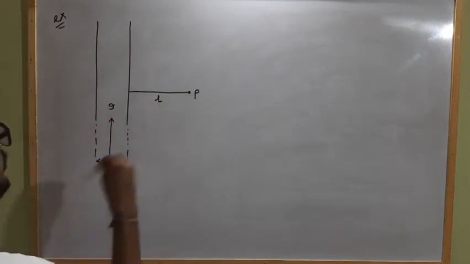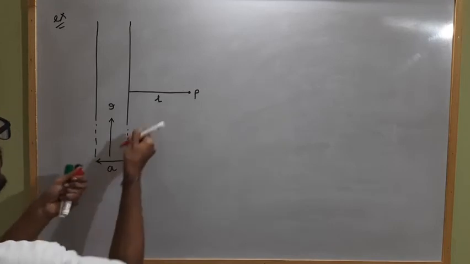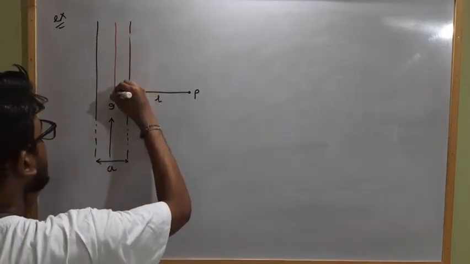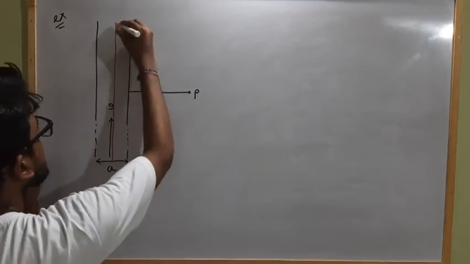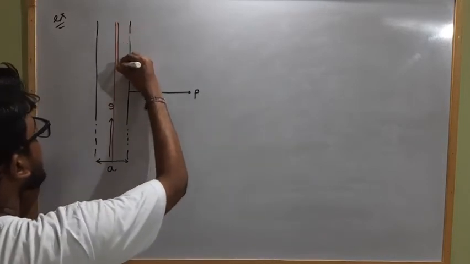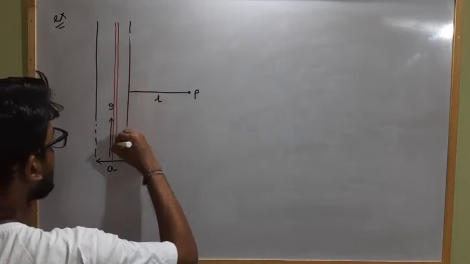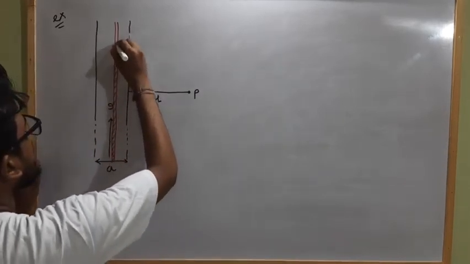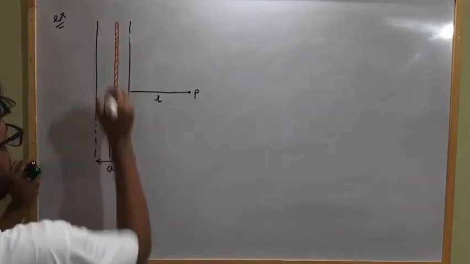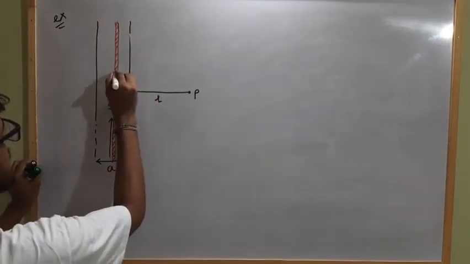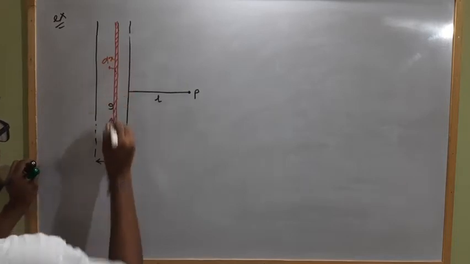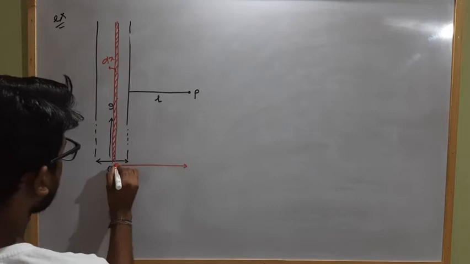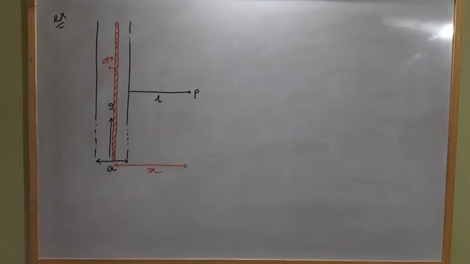So let us assume a thin long straight current carrying conductor of thickness dx, which is extended up to infinity. Its distance from point of observation P is x.